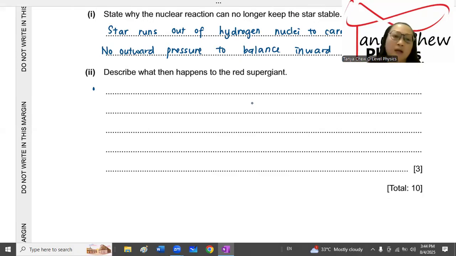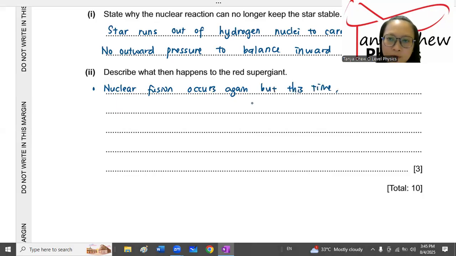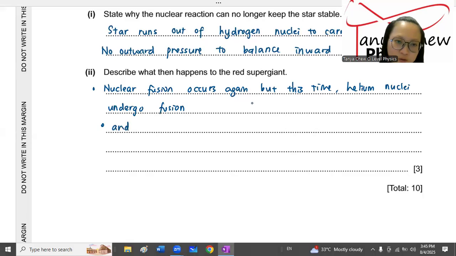I'm going to talk about that. Now, I will say that the nuclear fusion, okay, occurs again, but this time helium nuclei undergo fusion and produce elements which are heavier.